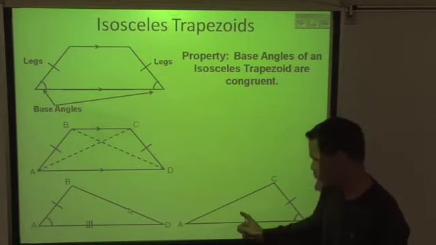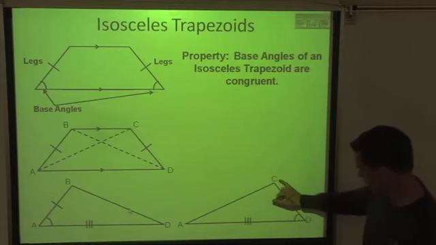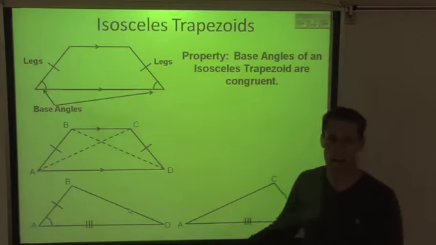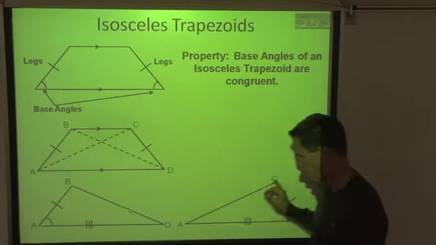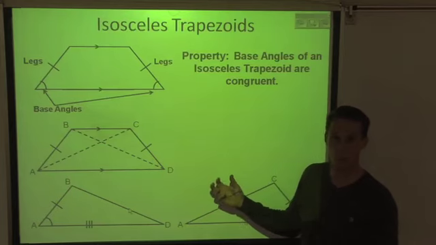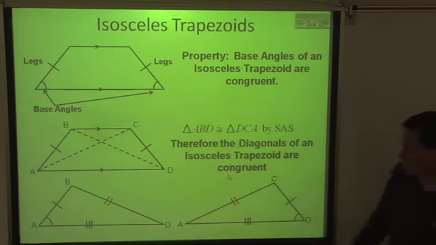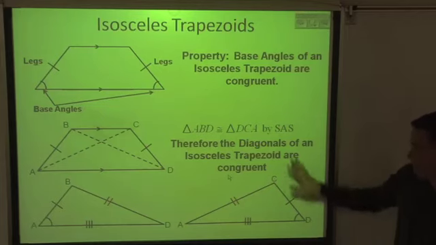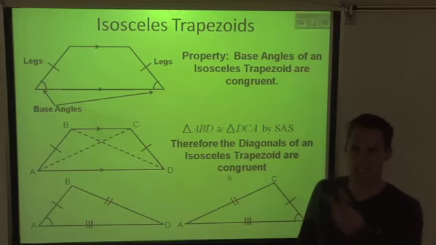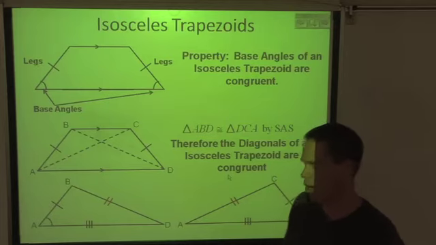Here again, we have triangles that are congruent by side angle side, which means the third side, BD, and CA must be congruent to each other because they're corresponding parts. So the triangles are congruent by side angle side. Therefore, we have come up with our second property. Diagonals of an isosceles trapezoid are congruent.